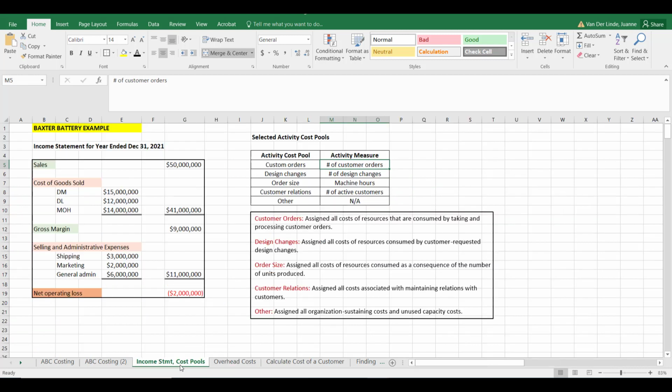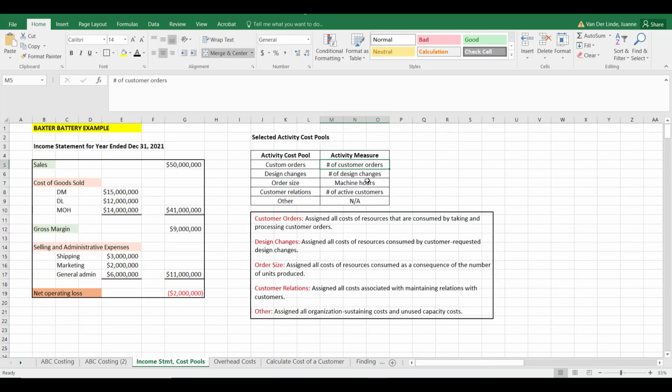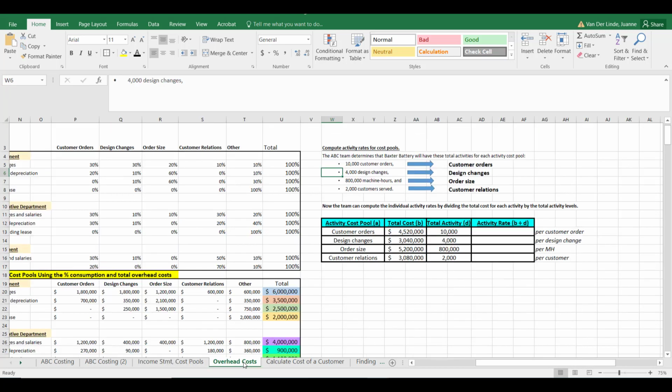The entire company, in terms of design changes, its activity measure is number of design changes, and the whole company had a total of 4,000 custom designs for the entire period. So the total activity for that cost pool is 4,000 designs. The order size activity cost pool, its activity is measured on the basis of number of machine hours, because the larger the orders, the more machine hours are used. And this company used a total of 800,000 machine hours for the entire period. So that's the total measure of activity under the order size cost pool.